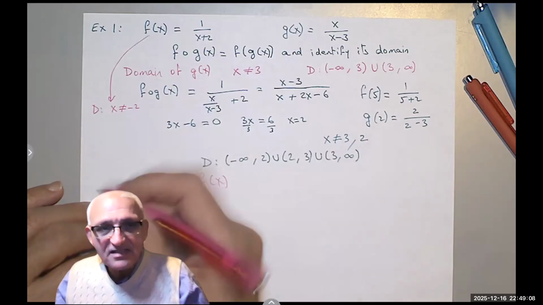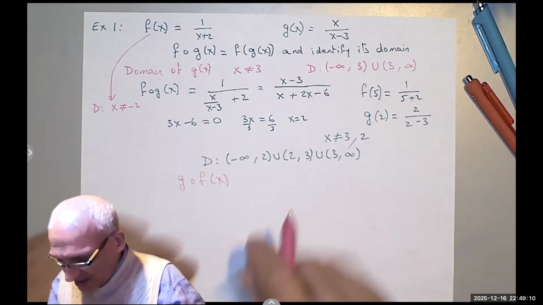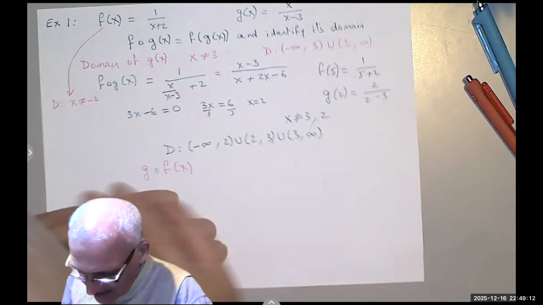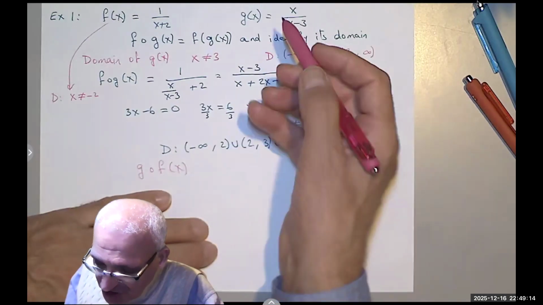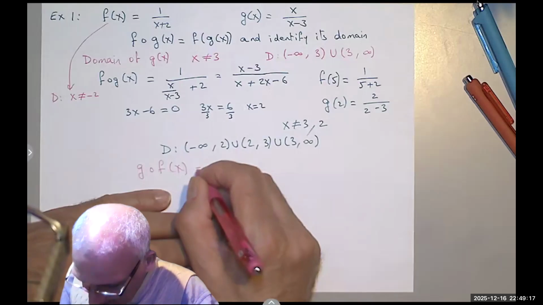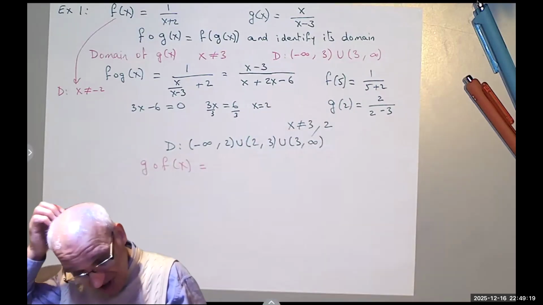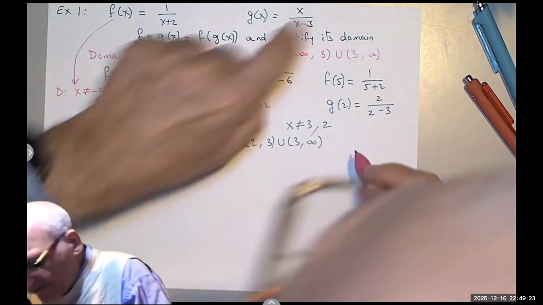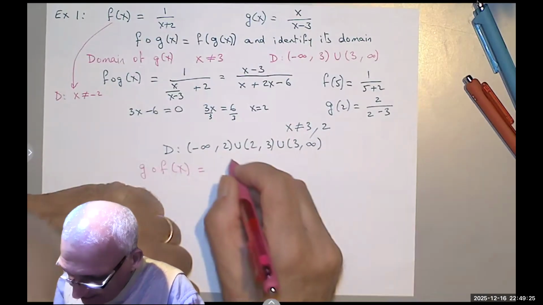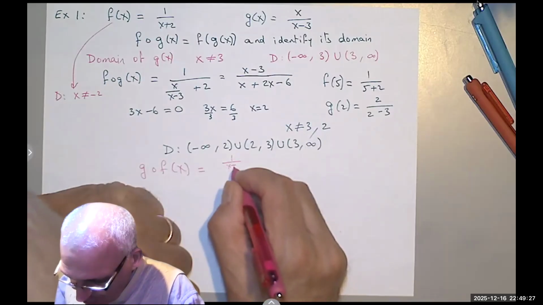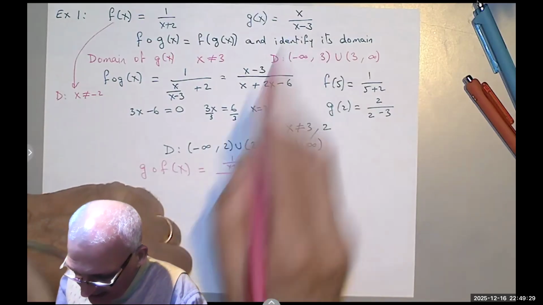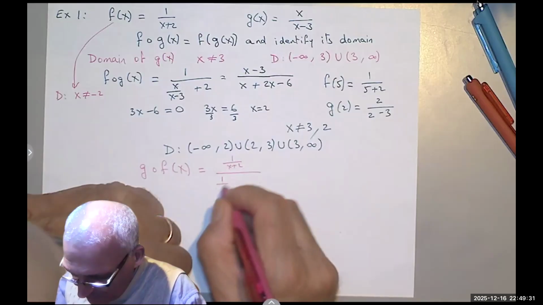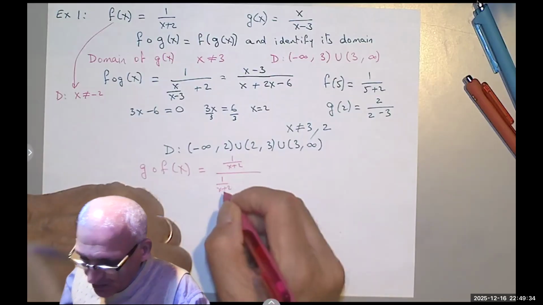Which you can write as an interval from negative infinity to negative 2, and then from negative 2 to positive infinity. If I do g of f of x, I have an x, so I replace it by 1 over x plus 2. I have another x, I replace it by 1 over x plus 2, right?